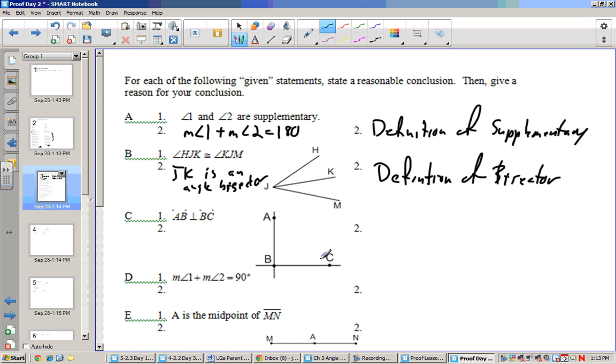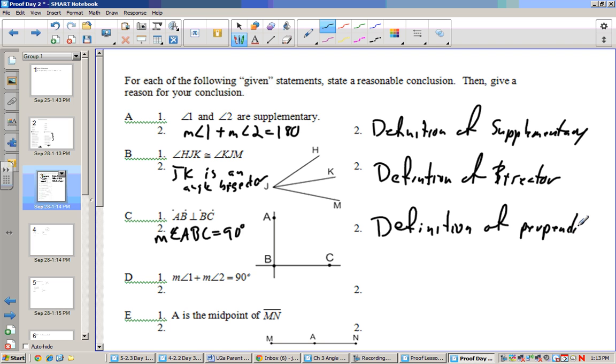Now, if these are perpendicular, then we can say the measure of angle ABC equals 90 degrees, and that's just the definition of perpendicular. And for that one, you could also say one of those right angle theorems as well.